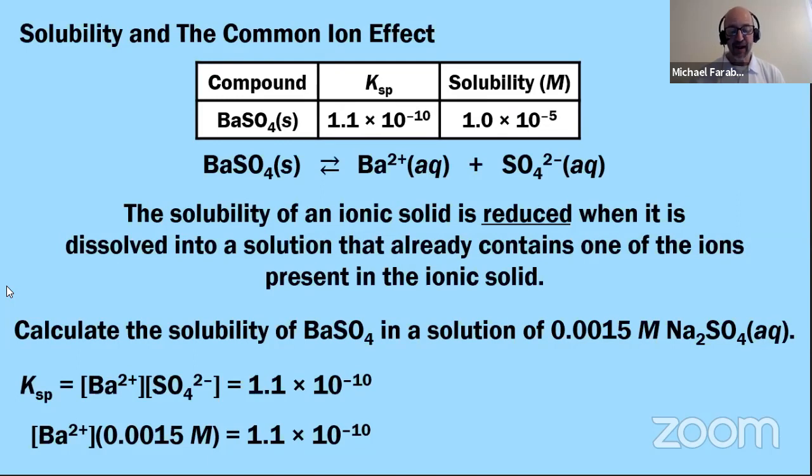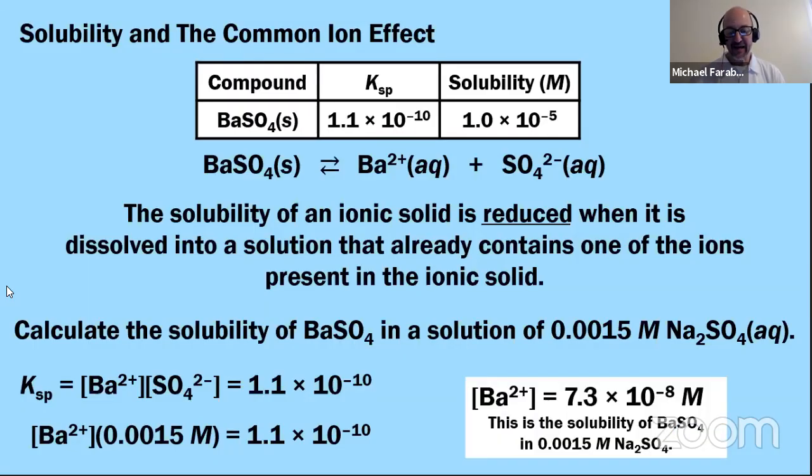That's going to cause the barium to be much less than it would normally be if I was just doing X and X. So as you can see, comparing the solubility in pure water with the solubility in a solution that already contains a certain amount of sulfate, it is less. When there's already sulfate, that shifts the equilibrium toward the left, making it less soluble.